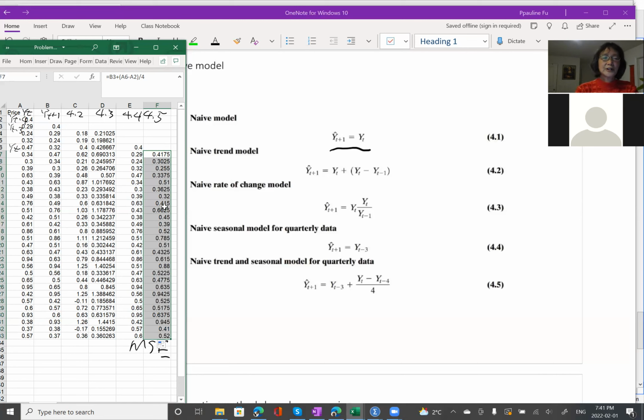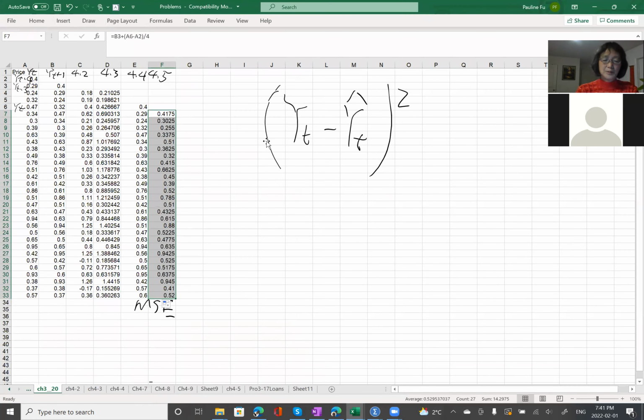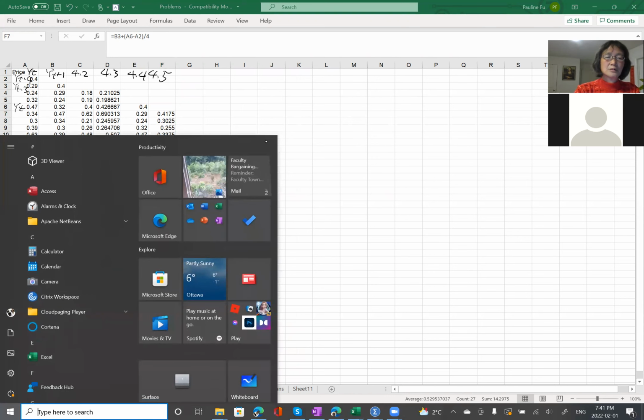Okay, so that explains all the formulas for the naive model. Maybe if I want to copy the formula, if you want to show the formula.